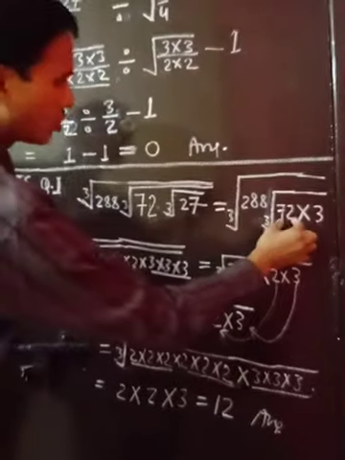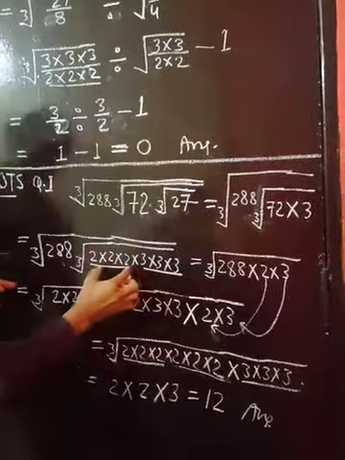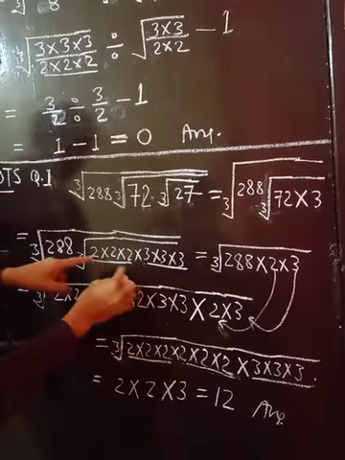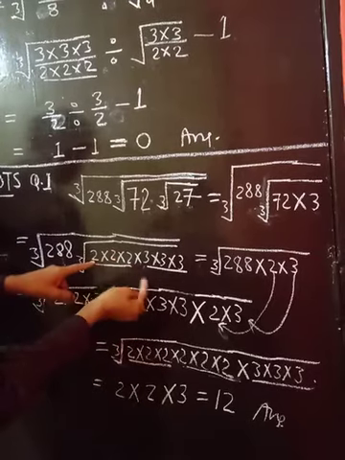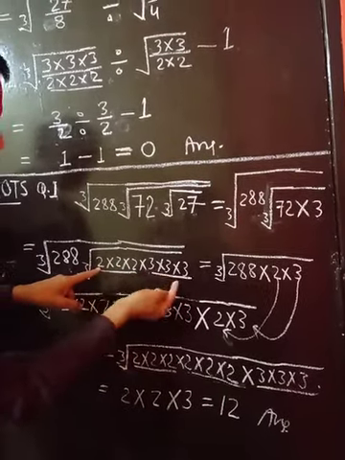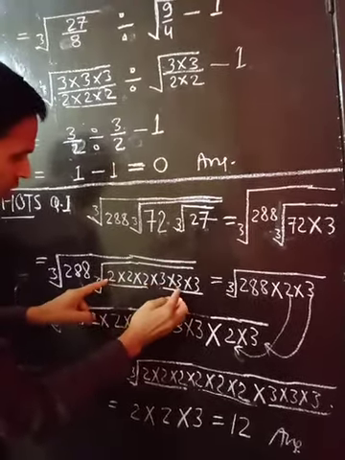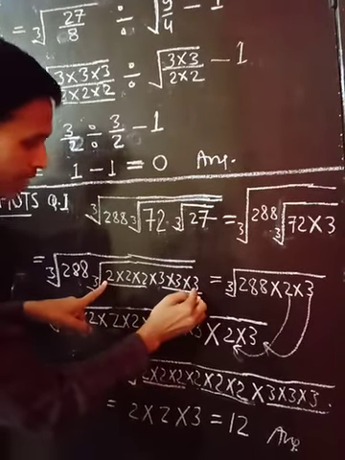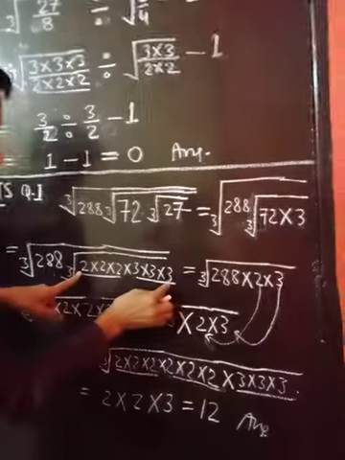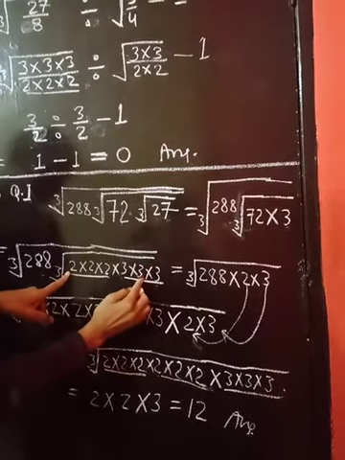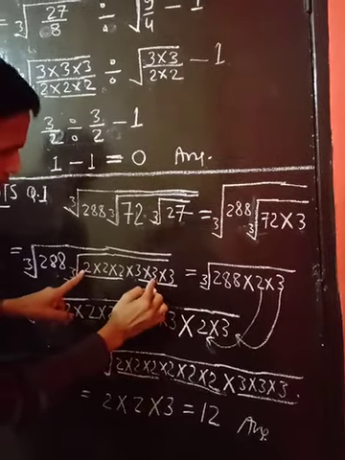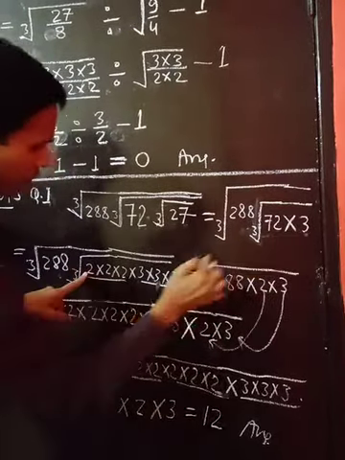The prime factorization of 72 is 2 multiplied by 2 multiplied by 2 multiplied by 3 multiplied by 3. So up till here this is the prime factorization of 72, and this 3 came from here.